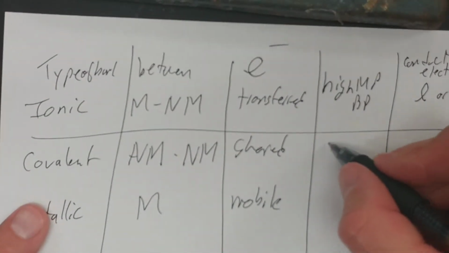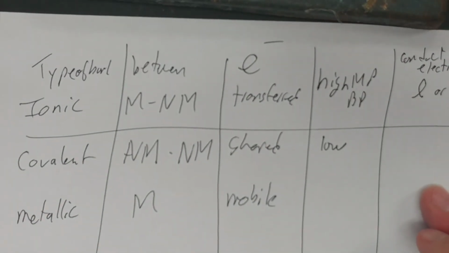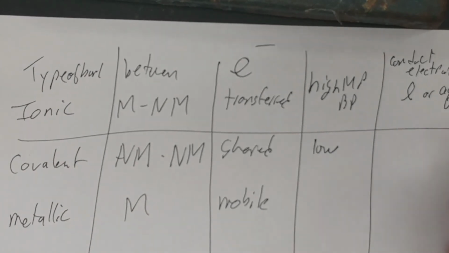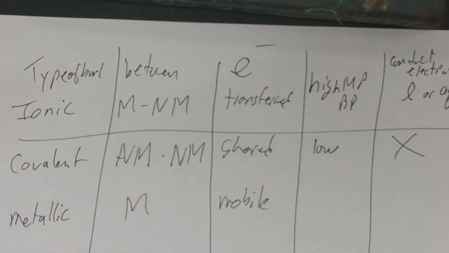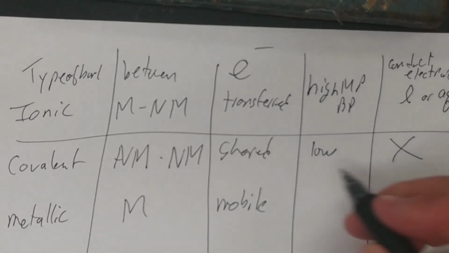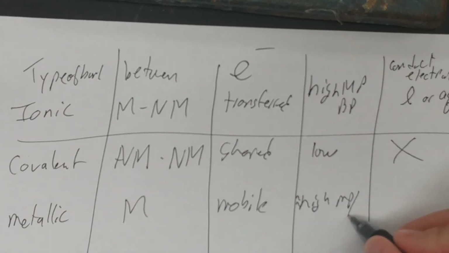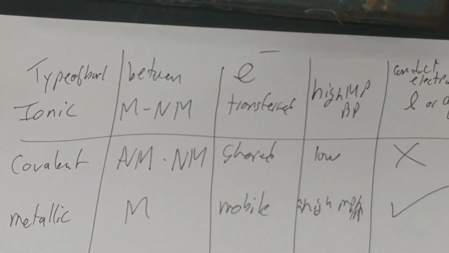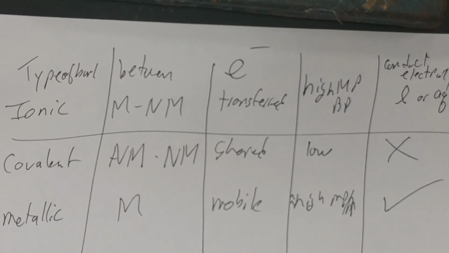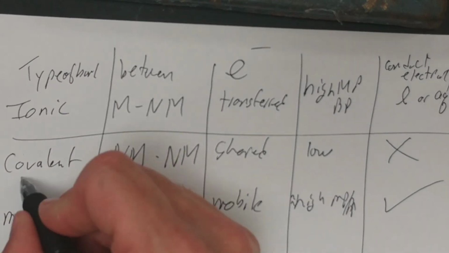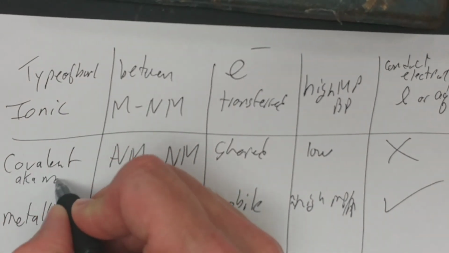Covalent tends to have low melting and boiling points. They do not conduct electricity. Metallic tends to have a moderately high melting and boiling point, and they always conduct electricity. AKA for covalent, molecular.